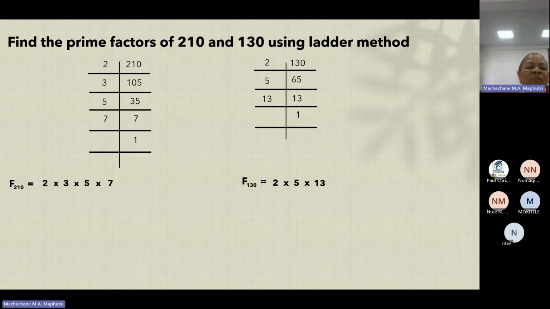Then the next prime number is 13. 13 into 13 goes once. So the prime factors of 130 are 2 times 5 times 13.